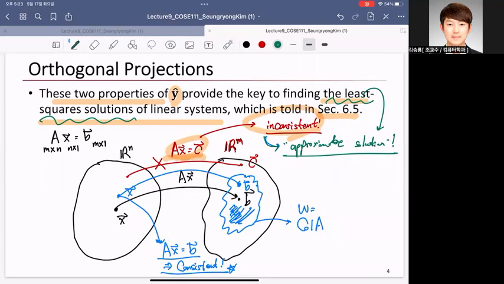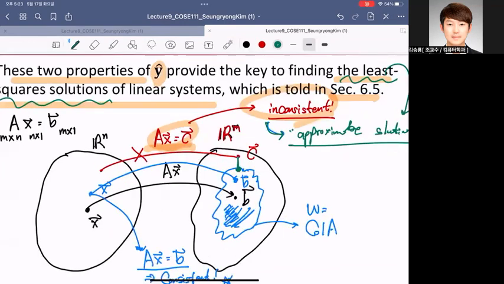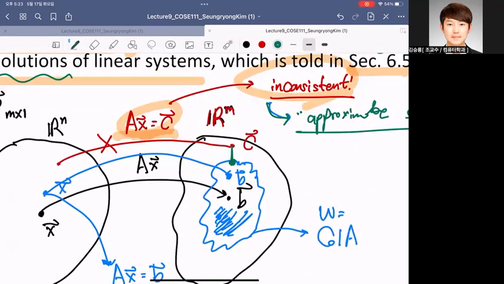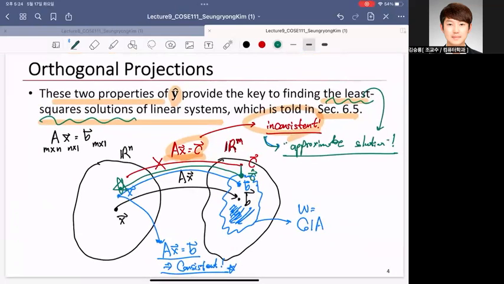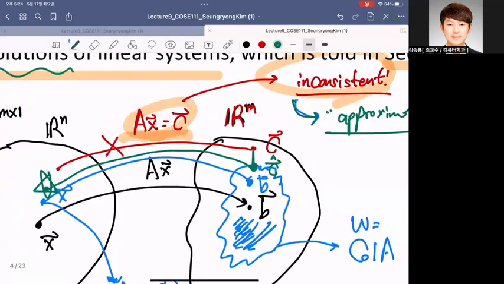To conclude, we want to find the nearest point here. We want to find the nearest point, let's say c hat, in W space, because in this case c hat may have a corresponding solution that we can call our approximate solution.